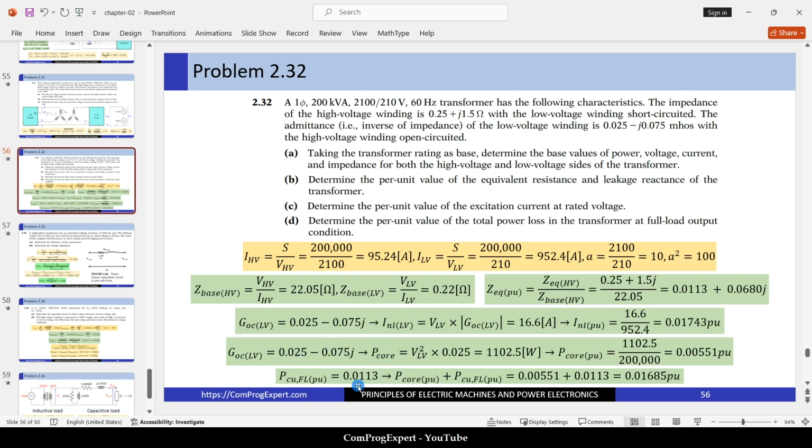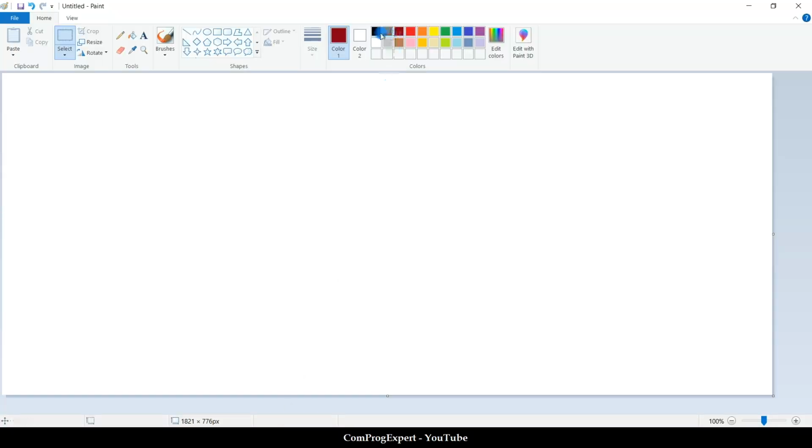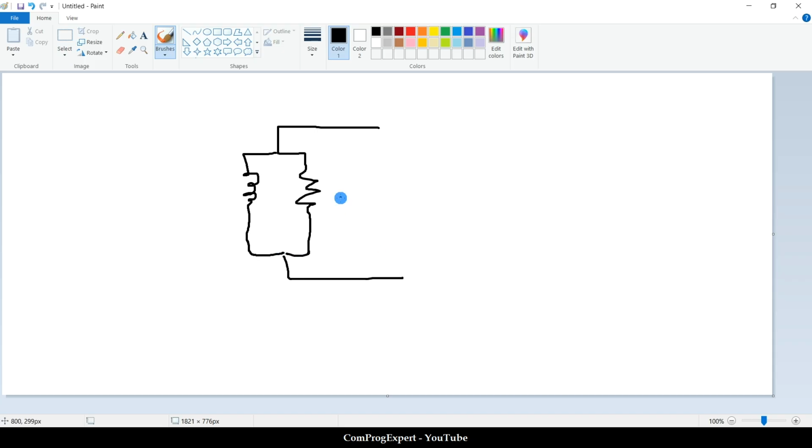If we consider this excitation branch, this is the resistance and this is the magnetizing reactance. So this is actually V squared, V low voltage, times the real part of the admittance.